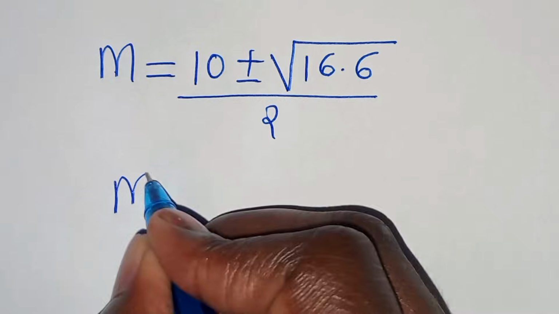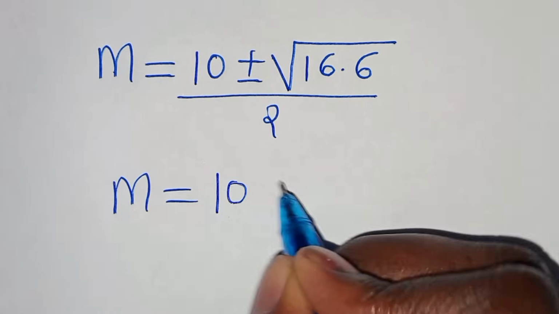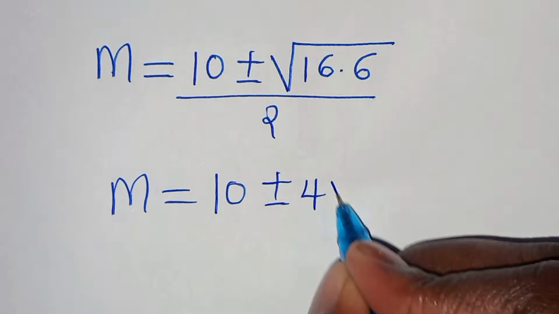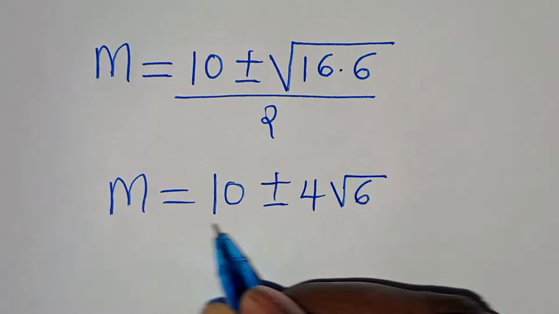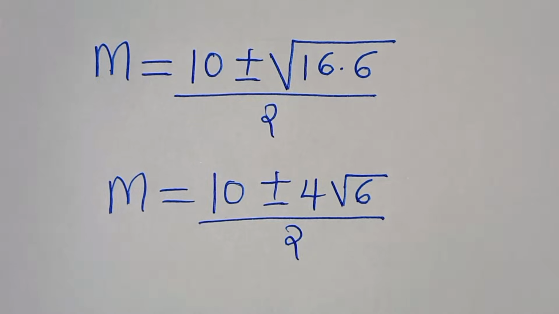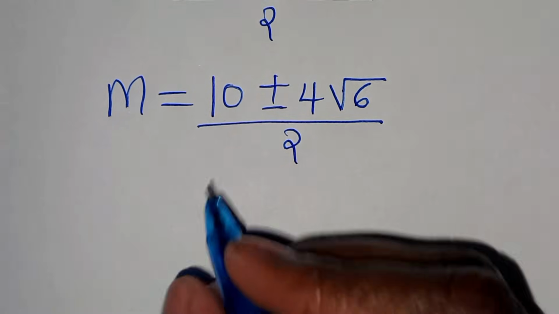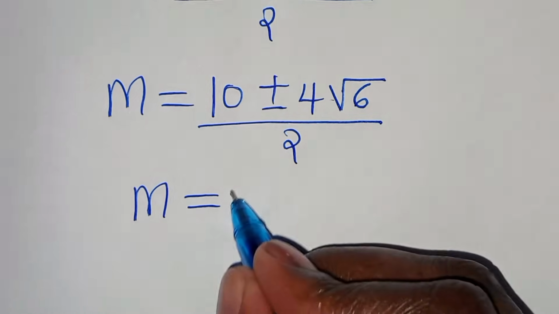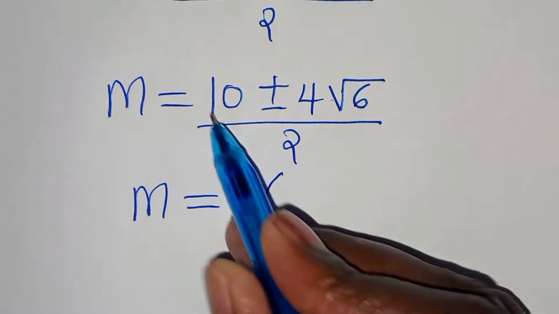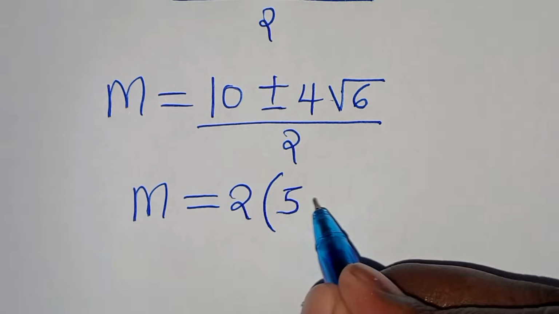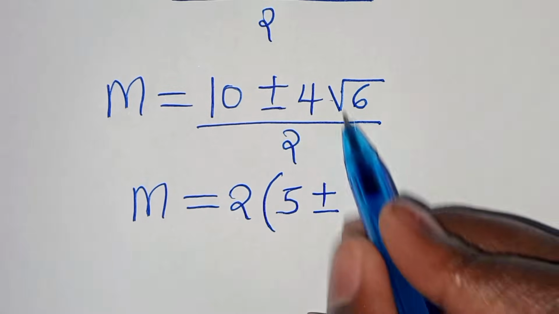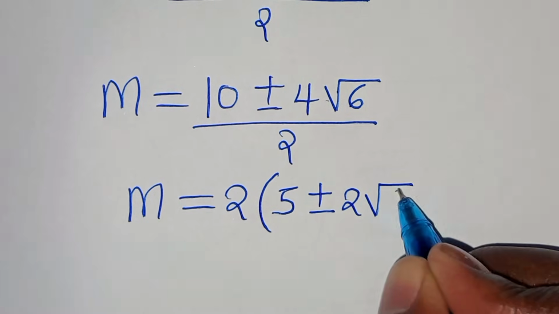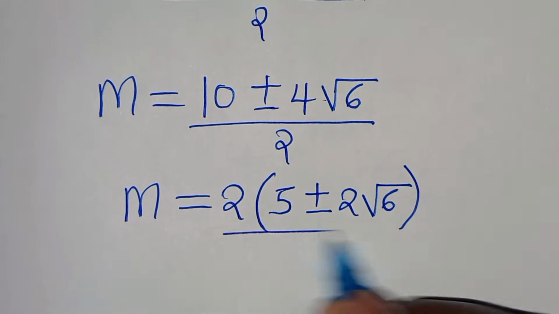So we have m is equal to 10 plus or minus the square root of 16 times 6, everything here divided by 2. So this is m equal to, now in the numerator we can factor out 2, so that 10 divided by 2, this is 5, plus or minus 4 square root of 6 divided by 2, this is 2 root 6 divided by 2.